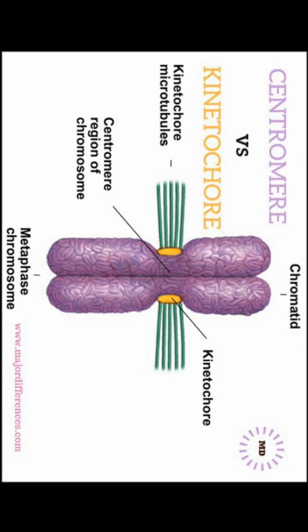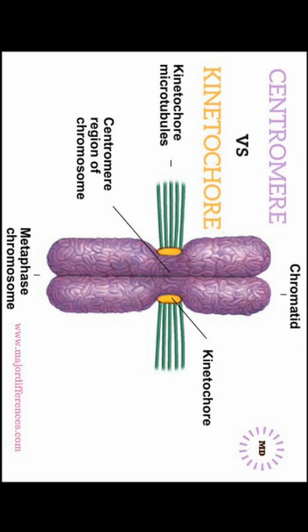Since one chromosome has two kinetochores, at the location of the centromere, where the disc-shaped kinetochores are present, the primary constriction centromere is present. So you can see here the centromere region of the chromosome, and on either side the yellowish disc-shaped kinetochore structures can also be seen in the diagram.